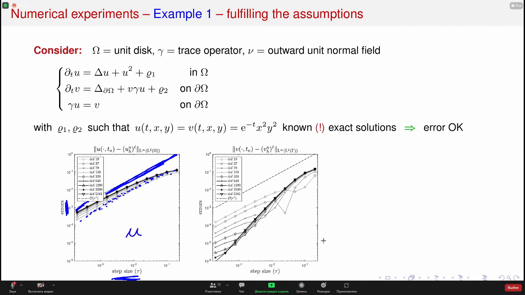So this is for U and this is for V. And here the dots correspond to the delta X, so to say, the spatial discretization grid size. So we needed to discretize these Laplace operators with finite element methods also.